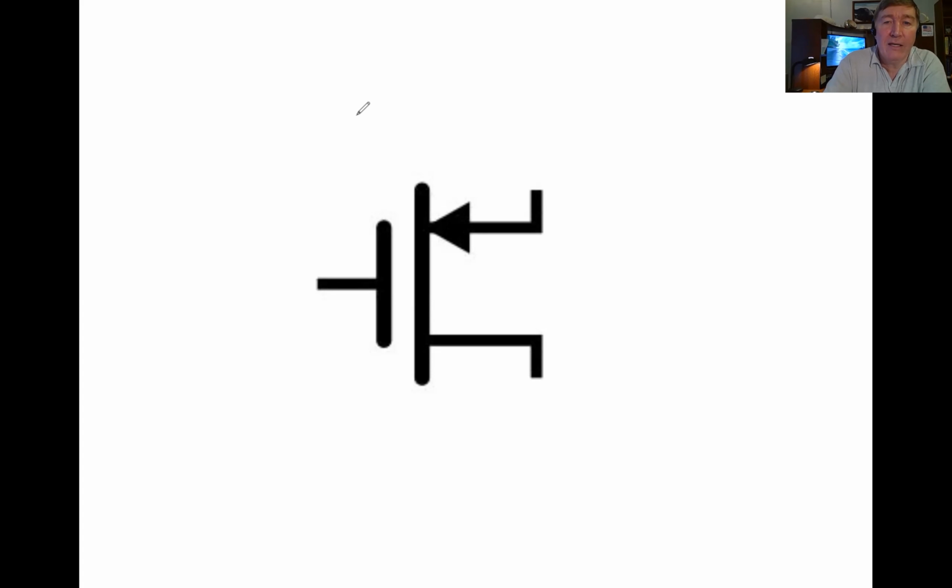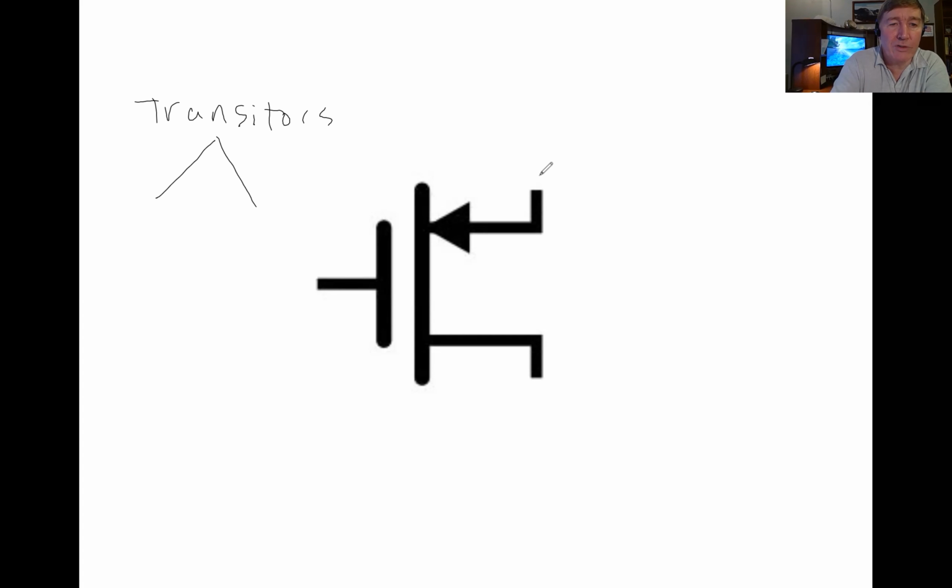Okay, so let's just do a family tree. If we start with all transistors of all types, they can be broken up into two general subgroups. One is called BJT, which stands for Bipolar Junction Transistor.